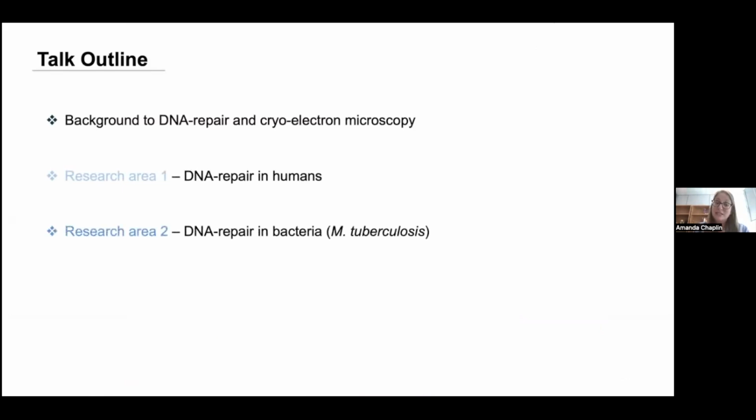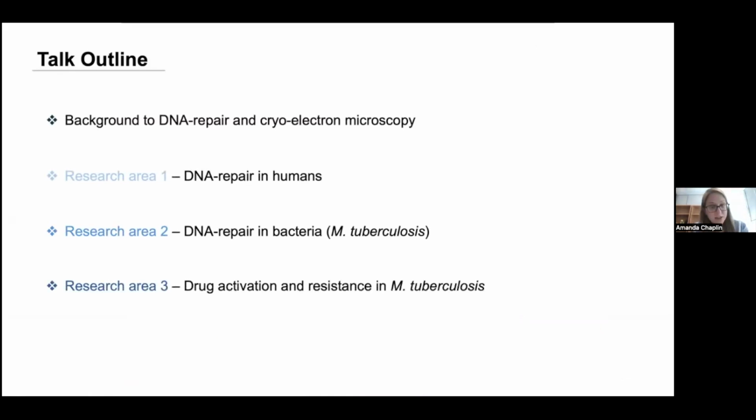And then my second research area is DNA repair in bacteria, specifically Mycobacterium tuberculosis, and tell you a bit about how cryo-EM has really helped us to understand these mechanisms further. And then the third research area is not DNA repair. It's more just looking at general drug activation and resistance in MTB. And with each of these three research areas, I'm just going to talk about the application and current and future therapeutics for each of these.